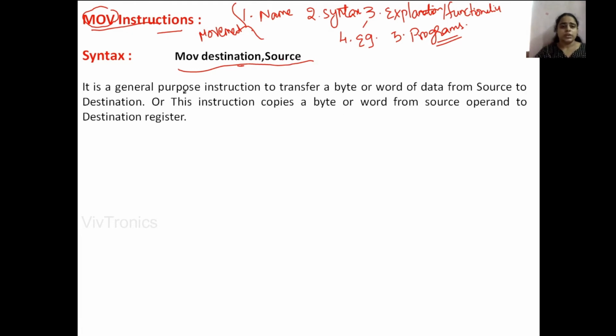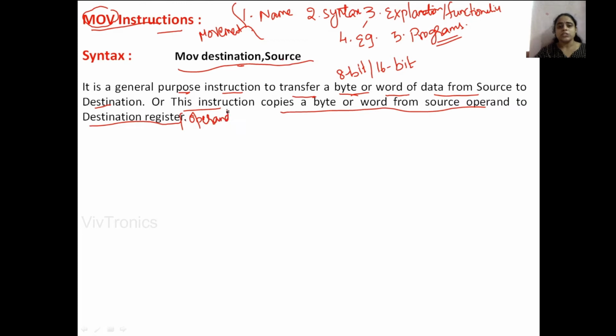It is a general purpose instruction to transfer a byte or word, so the operation may be 8-bit or 16-bit. We can access general purpose registers in both 8-bit and 16-bit widths. This instruction copies a byte or word of data from the source operand to the destination operand.